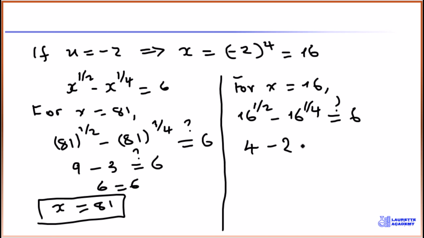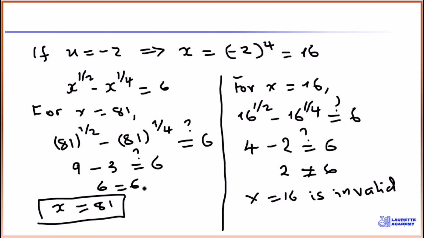So we have 4 minus 2. Is this equal to 6? 4 minus 2 is 2, and this is not equal to 6. So the solution x equals 16 is invalid. So the only solution we have is x equals 81.